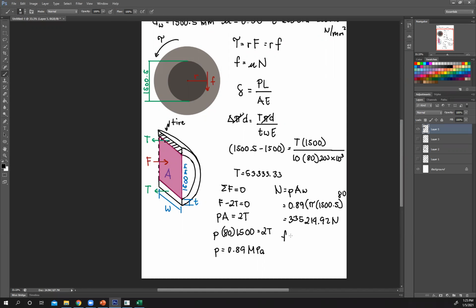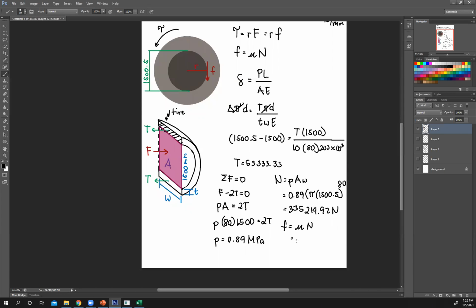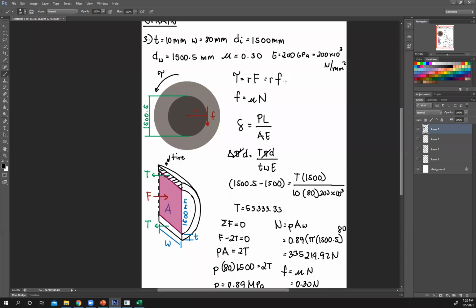Now I can finally solve for frictional force. It's mu N. What's mu? 0.30. So 0.30 N. Finally, F is solving for that, 100,564.48. Again, frictional force is in newtons. Then finally, torque equals R F. R, what's R?